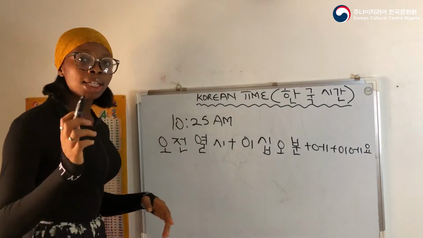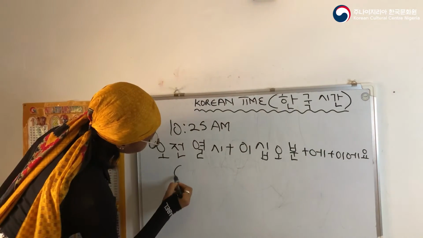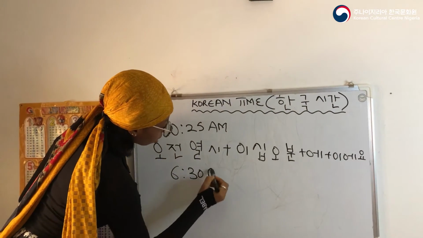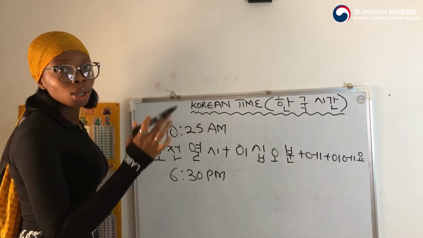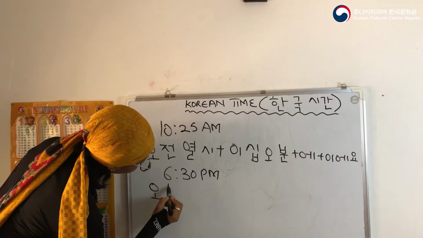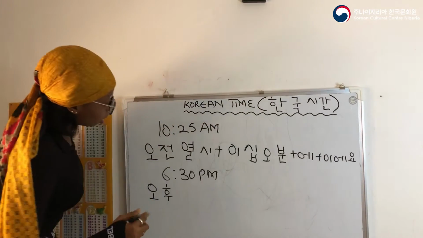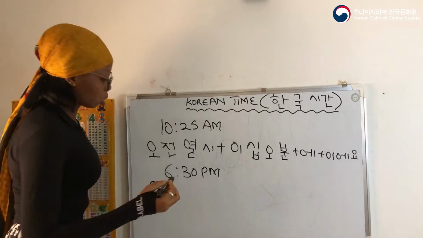Now the next example, let's say for instance it is 6:30 p.m. in the evening. Now since AM means ojeon, PM automatically means what? Ohu. So write down the ohu first, and the next, 6 in native Korean number is what? Yeoseot.